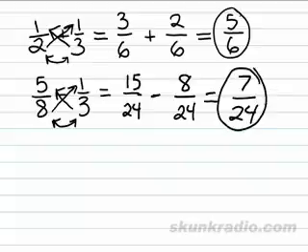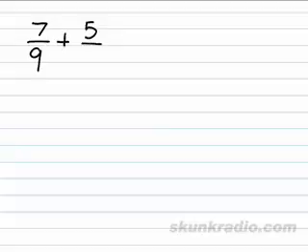So one final thing to show you, or let's try a little more difficult problem. How about 7/9 plus 5/8? So again, I can't add these two fractions together directly.